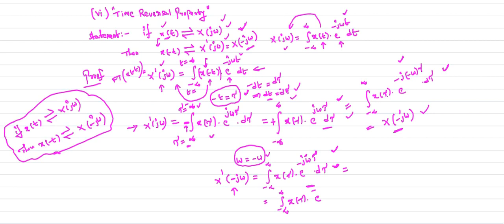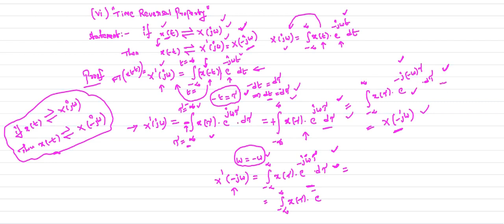You can easily identify here. You just need to represent this equation in the standard form. In the standard form we have e power minus j omega t, but here e power j omega tau is there. How can you represent it in terms of the standard form? You just write this equation, e power j omega tau, this way: e power minus j of minus omega tau d tau.